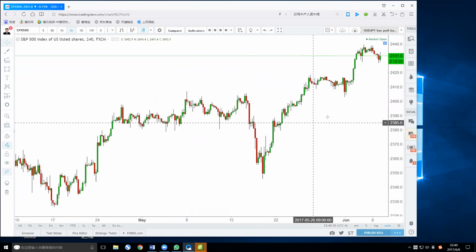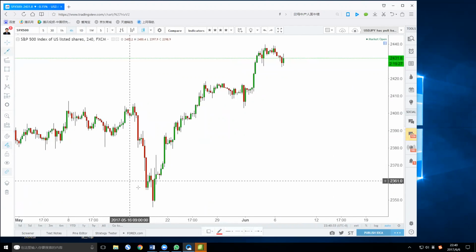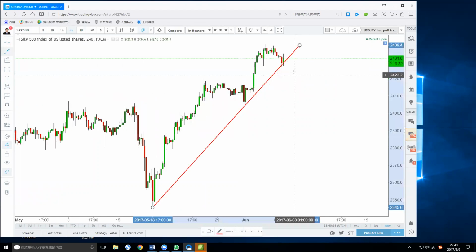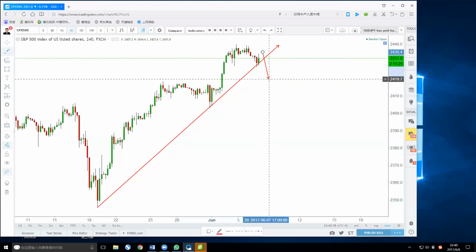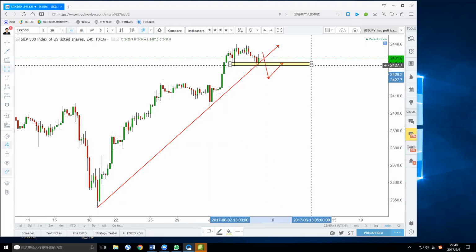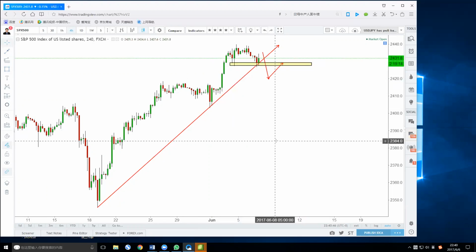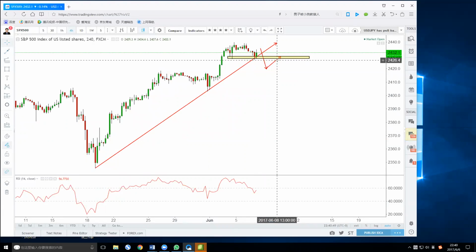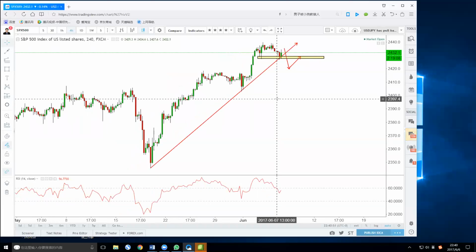What is the condition? It has to break the uptrend line. Once you see it break this uptrend line, pull back to the structure, you can short. That's the way you short. And remember to check the RSI before you short.